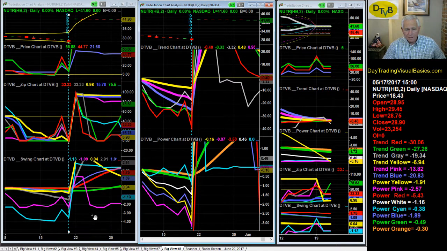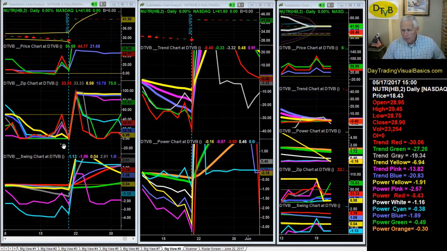It's just not there. But it certainly comes about in the last 3 days or 2 days prior to this point, because like I say, zip pink jumps off of green, goes all the way up to 28 and then comes back down.